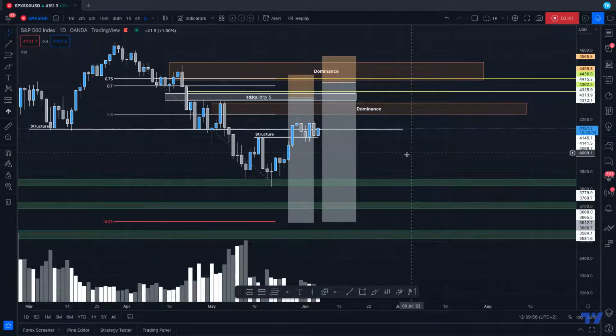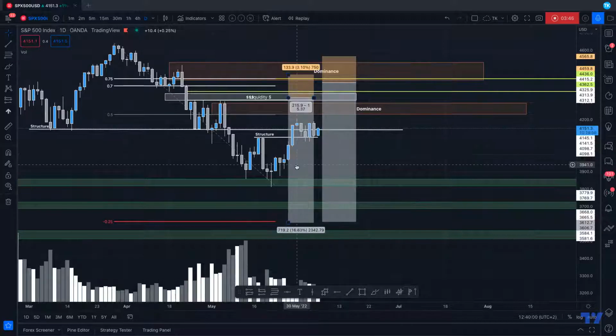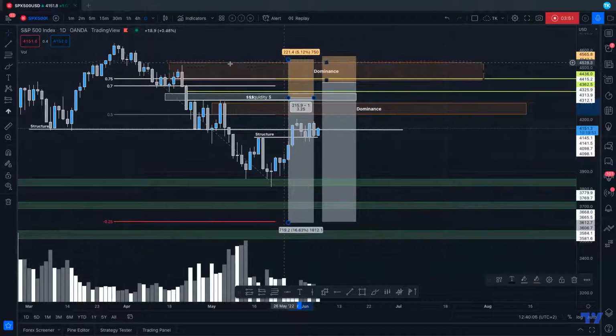So this could be the first trade, and the more aggressive one, which in my opinion is not so aggressive. Obviously, if you want to be conservative, you can move your stop loss a few pips above this high. My personal trading style is considering a trade with at least a 1:3 risk reward ratio.